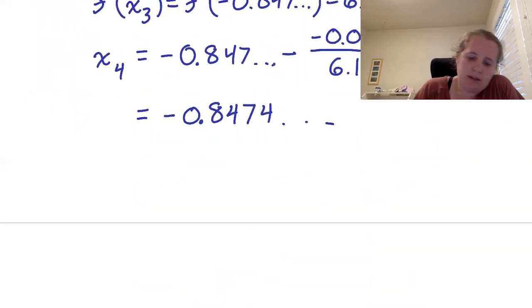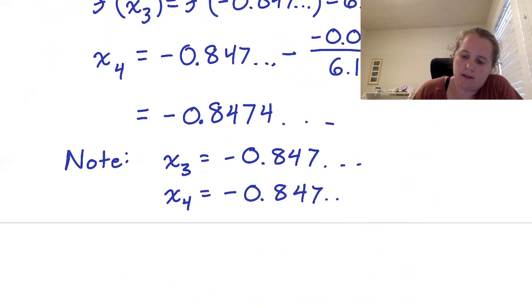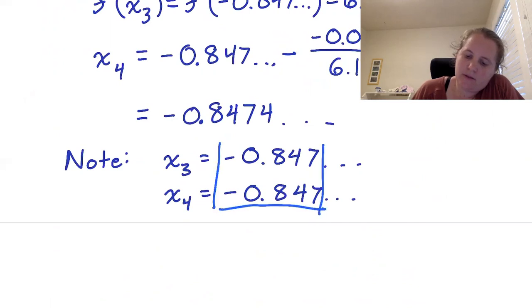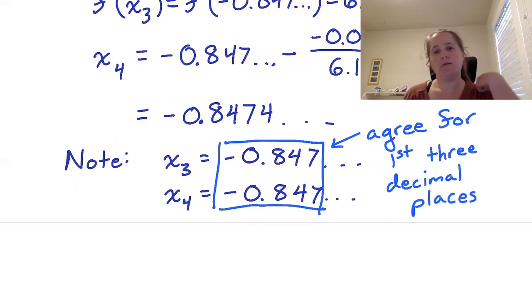So note that x3 was negative 0.847 and x4 was negative 0.847, and these agree for the first 3 decimal places. And so our approximation will be negative 0.847.